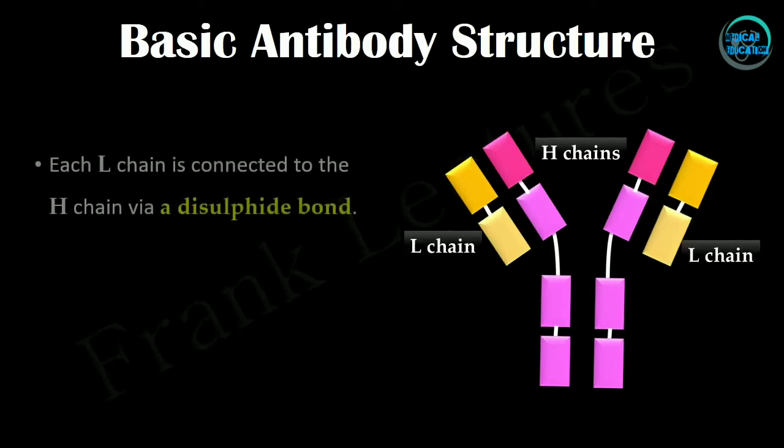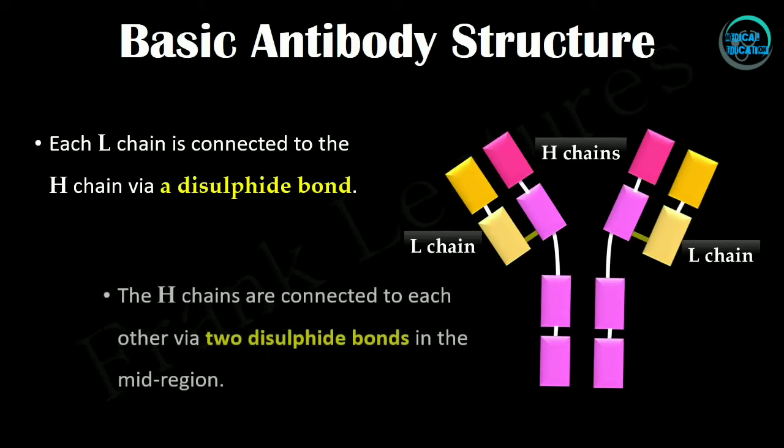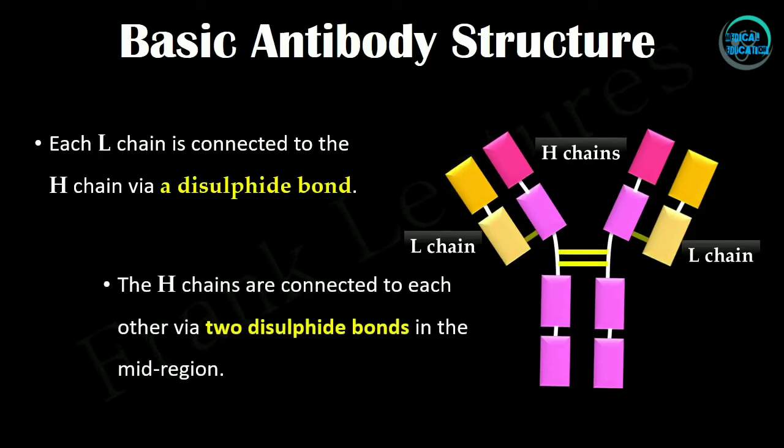Each light chain is connected to a heavy chain via a disulfide bond. Here, this yellow line is representing a disulfide bond. The heavy chains are connected to each other via 2 disulfide bonds in the mid-region. Besides these disulfide bonds, a number of non-covalent bonds are also present which keep these chains together.